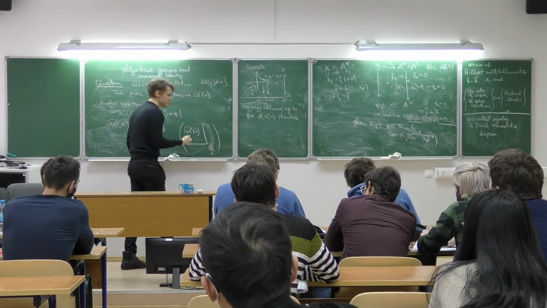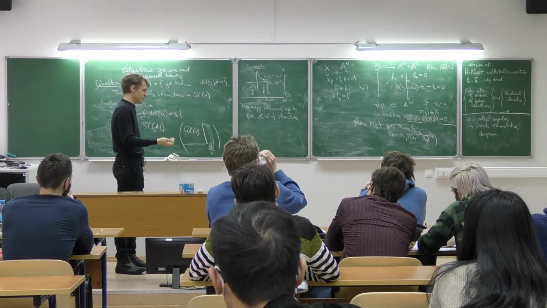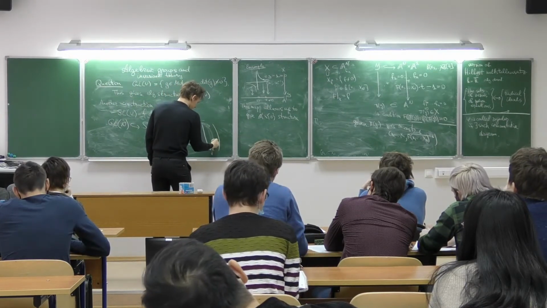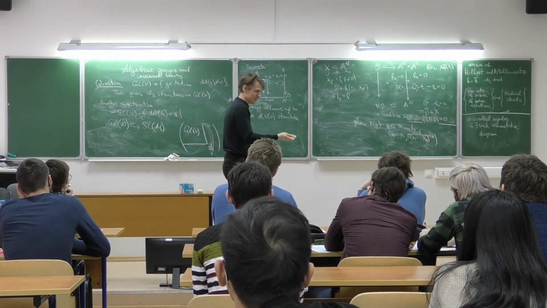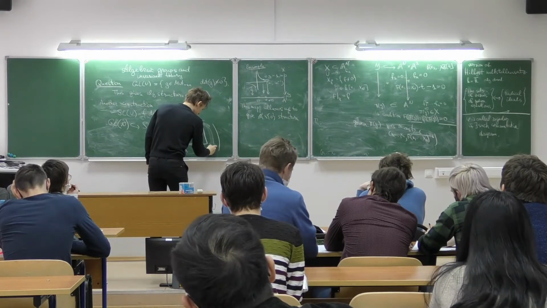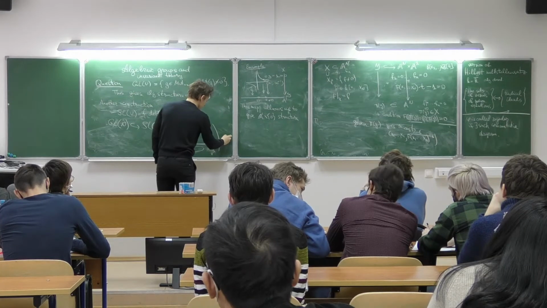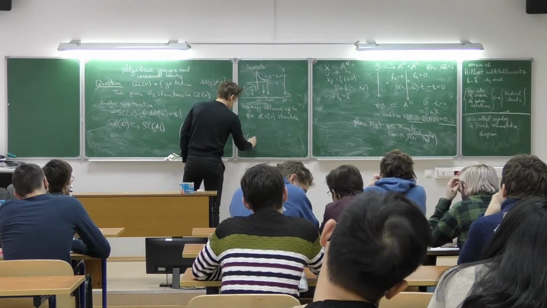But you cannot put 1 over determinant, if you put 1 over determinant, you are out of the range. So here you put the set of zeros, and here you put it as a subset of SLN.